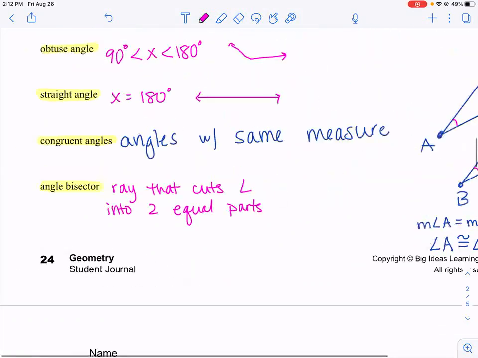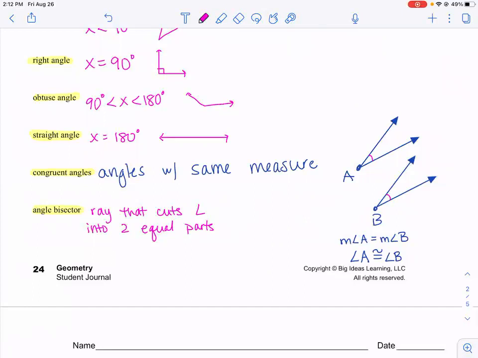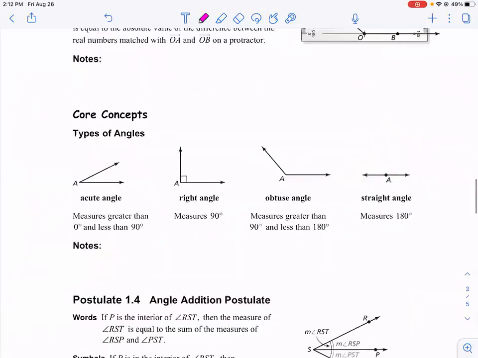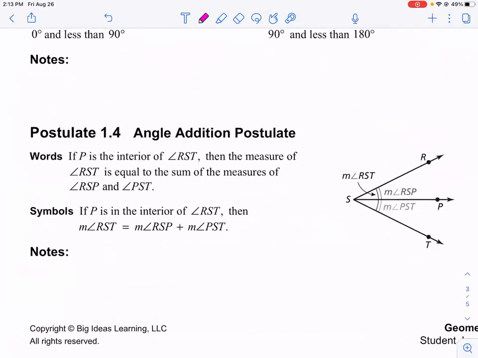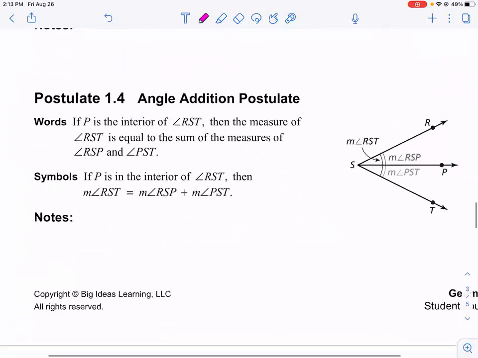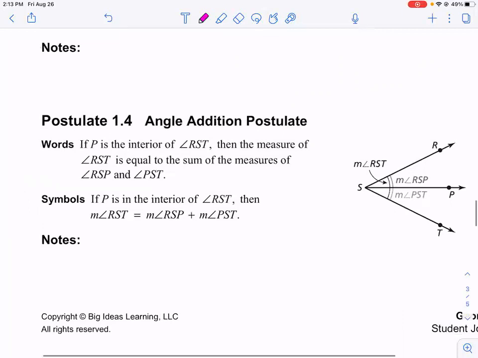Now, we had something we talked about in section 1.2 called the segment addition postulate, where we could take this chunk plus this chunk and add them together. Guess what? We have something called the angle addition postulate. I want you to highlight it so it draws your attention.